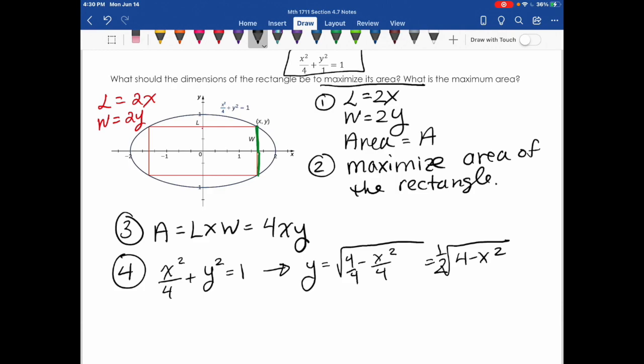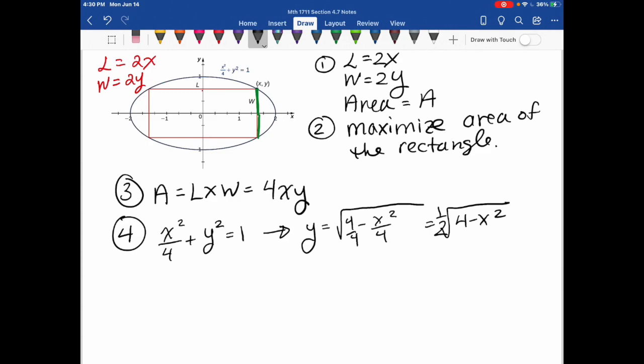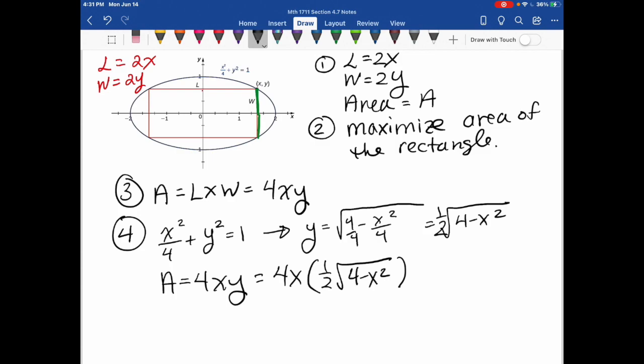That'll make it a little bit easier to deal with without those fractions underneath the square root. Now that I know that y is equal to 1/2 the square root of 4 minus x squared, I can substitute that into our formula for 4xy.